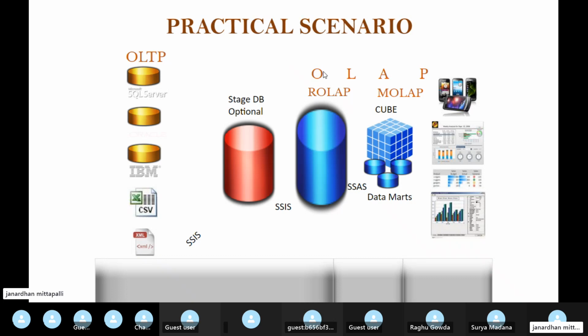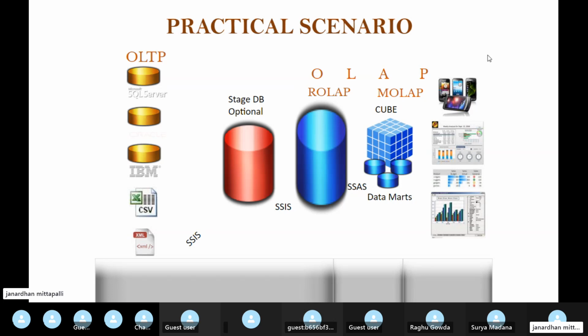OLAP is an analytical process, and it has historical data also. As per the customer request, we will fetch their previous transactions too. If it is current, then it is faster. If it is old history, then they have to check and give that information to the user.